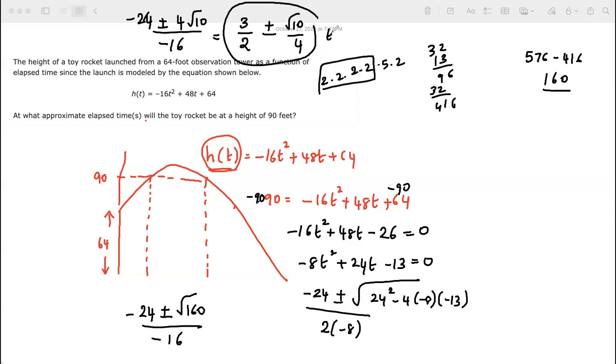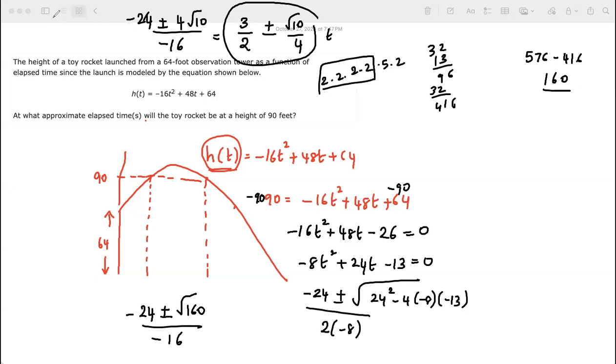However, wait, could you divide by 8? 4 is not divisible, but I mean it is, but that would be 0.5, right? Don't you have to divide by 4? When you do minus 24 plus or minus 4 root 10 over minus 16, you can simplify it by dividing the whole thing by 4, but how would you do it with 8? Because 4 root 10 is technically not divisible by 8.